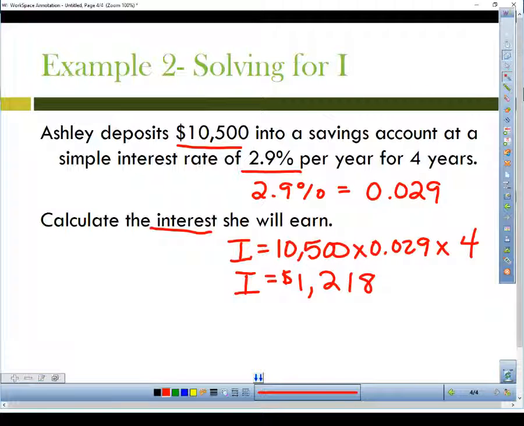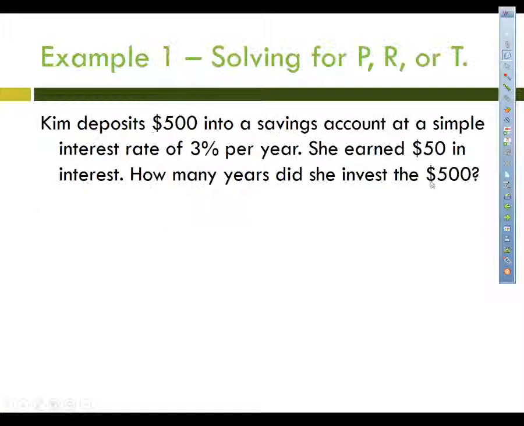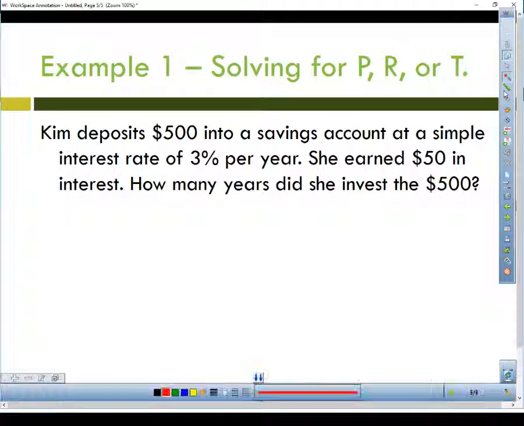So solving for I is easy. Next, we're going to look at solving for the P, R, or the T. Kim deposits $500 into a savings account at a simple interest rate of 3% per year. She earned $50 in interest. How many years did she invest the $500? This time we're looking for the T. So we're going to plug in what we know.